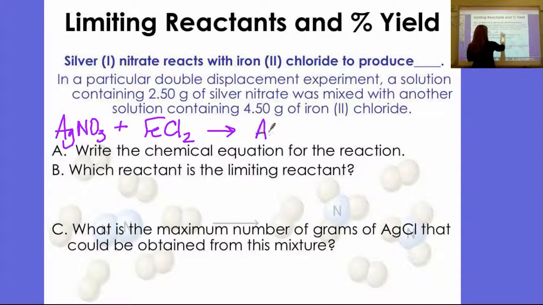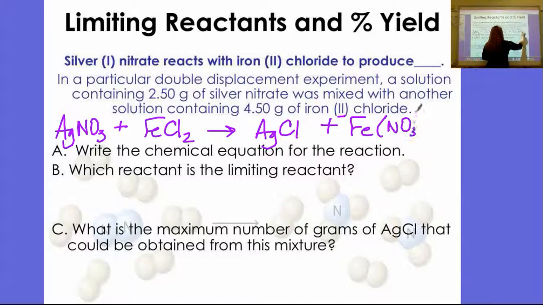So I'm going to get AgCl, where Ag is +1, and iron, Fe, was 2+, NO3, 2. Balancing that, I need a 2 over here for the nitrates. That gives me 2 silvers. 2 here gives me chlorine. My ratio is 2 to 1 to 2 to 1. It's my balanced chemical equation.